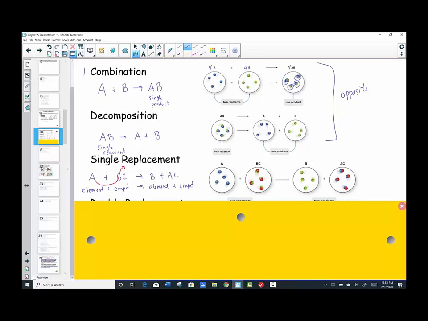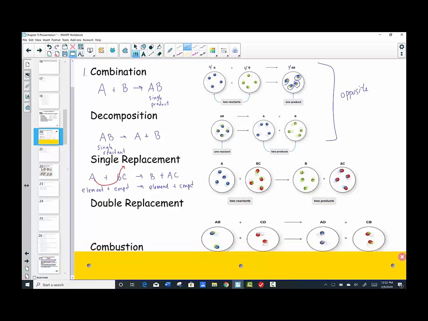And the fourth general category is known as a double replacement. In the double replacement, we have compound AB reacting with compound CD, and we see those swap places. The 2 positive ions exchange places, forming a new compound, AD, and a new compound, CB. And remember how we always write positives first?